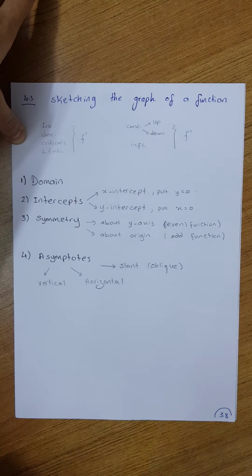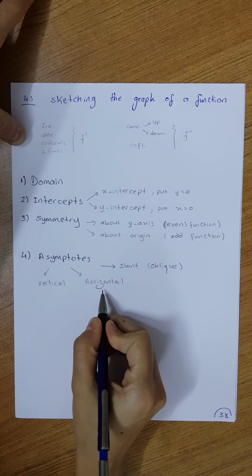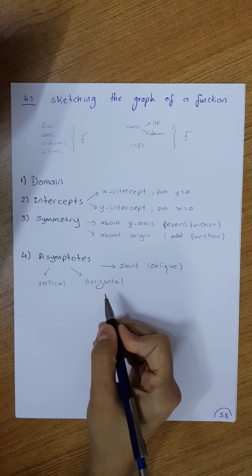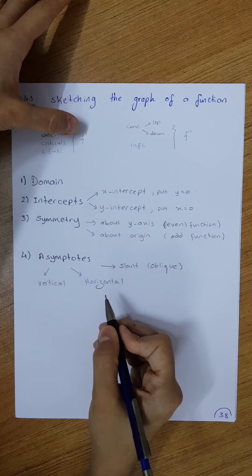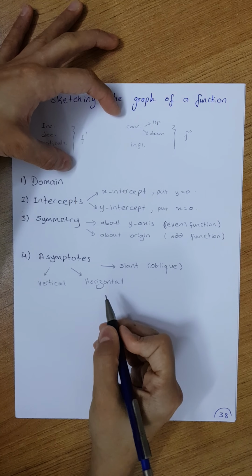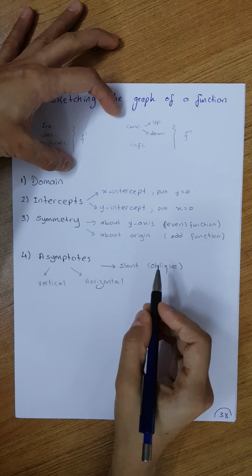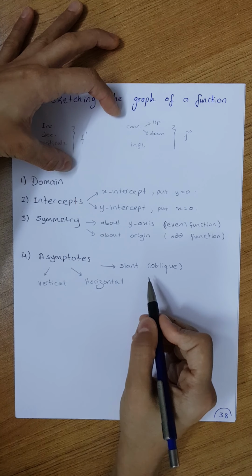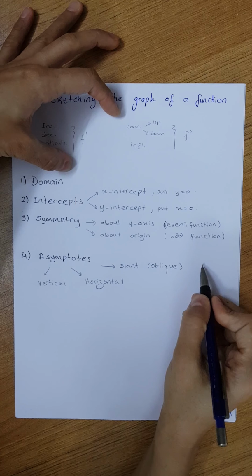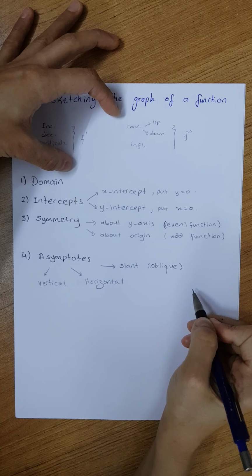For the horizontal asymptote, we were finding the limit of the function as x approaches infinity or negative infinity. If the result was a number, we would call that number a horizontal asymptote. We have studied those things. For a slant or oblique asymptote, we said the power of the numerator must be 1 greater than the power of the denominator.